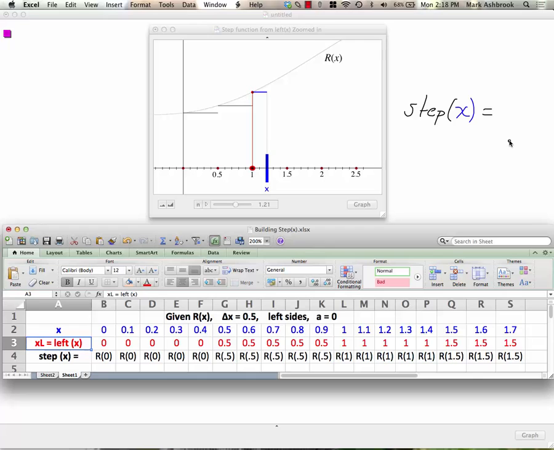Take the current value of x and we do what with it? Put it into left. And then we take what's in left and we put it into right. So can you write the rule for this? You take the current value of x, you get what left would give you, and then you take that and you get what right would give you. Who can write the rule? See if you can write the rule for step x. What is it?